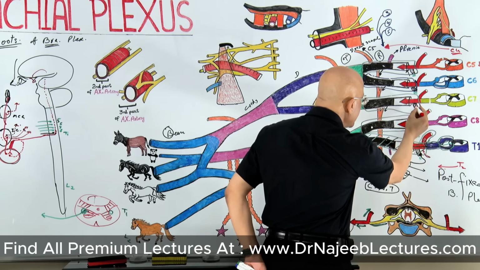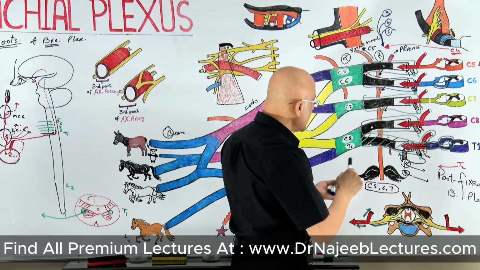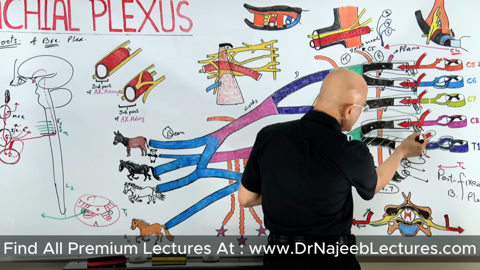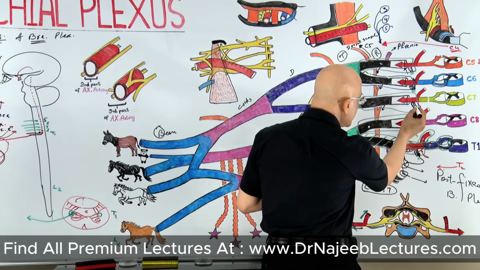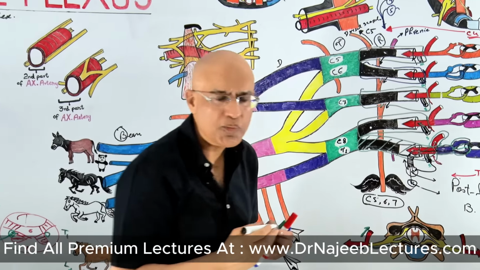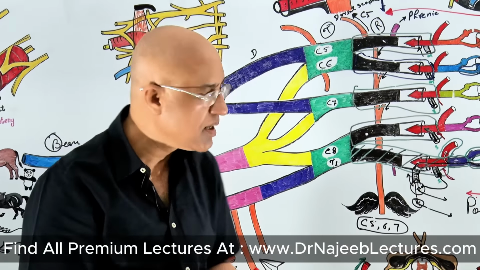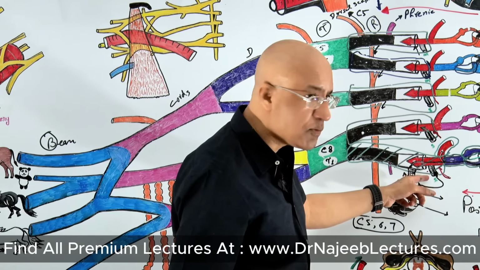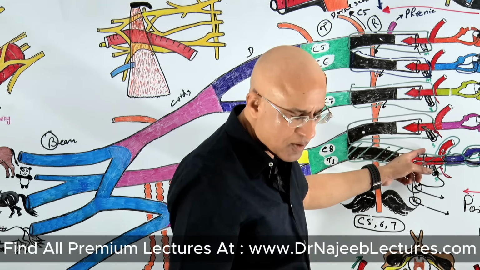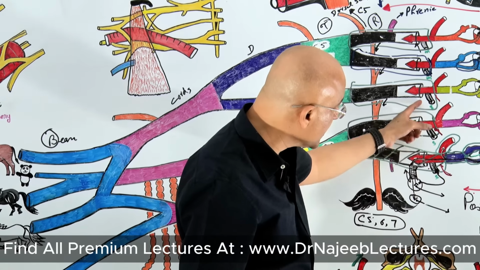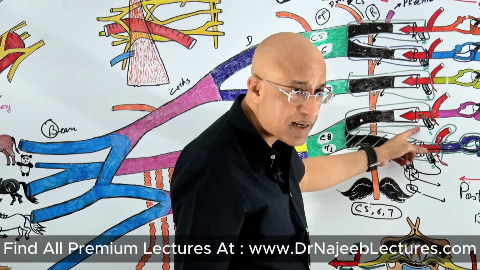So this is what I'm showing here, that these things are basically gray rami. This is a gray ramus, this is a gray ramus, which consists of postganglionic sympathetic fibers, which are coming either from the T1 ganglion or from the inferior cervical ganglion.